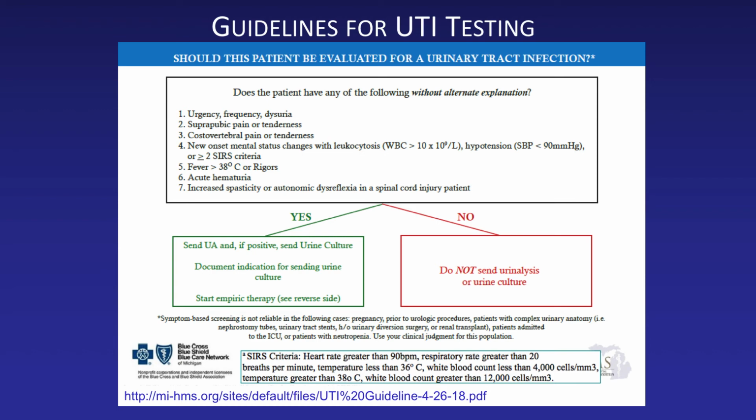And you can consider starting empiric therapy depending upon if the patient requires additional observation and their stability. If they do not have any of these symptoms that are noted above, the recommendation is to not send a urinalysis or urine culture.